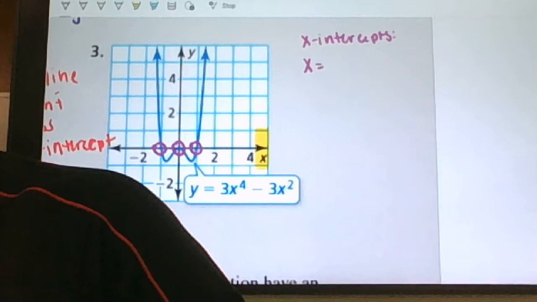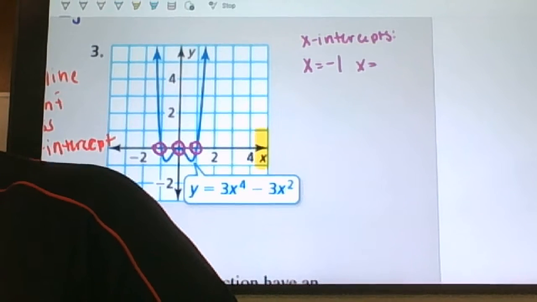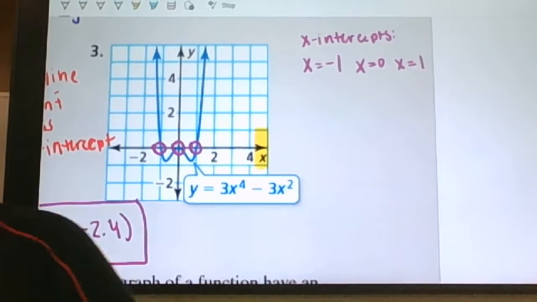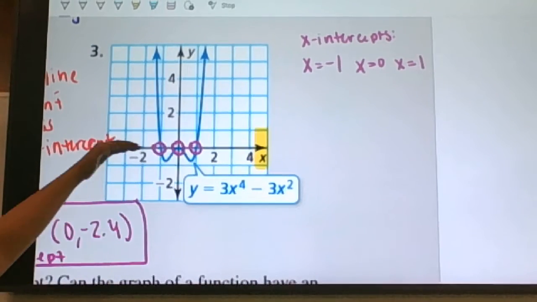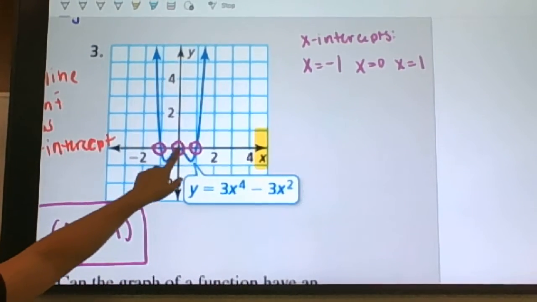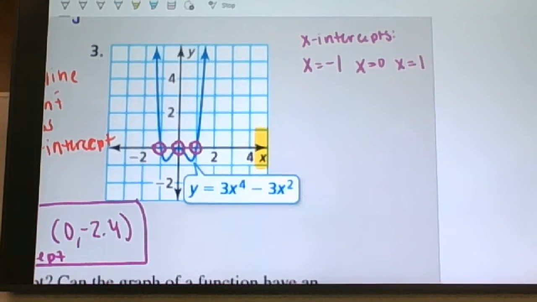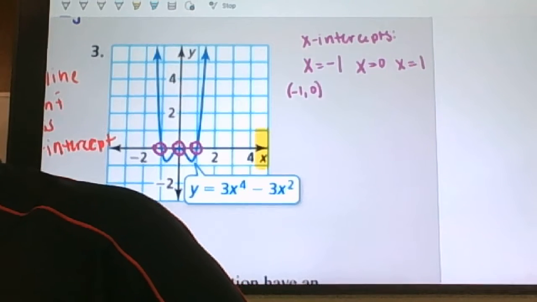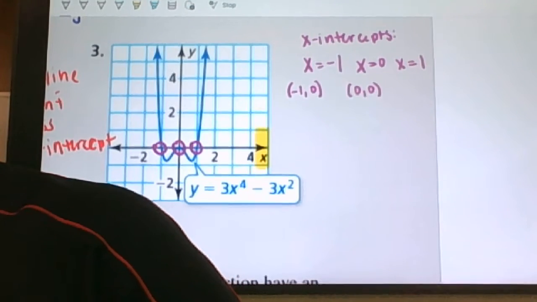I'm at -1. I go where x equals 0, and I go where x equals 1. So this is x = -1, x = 0, x = 1. These ordered pairs are (-1, 0), (0, 0), and (1, 0).